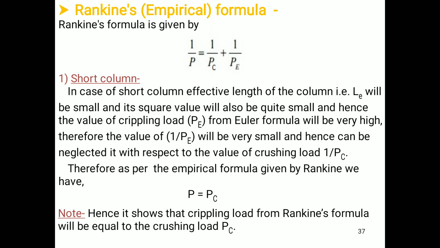Remember this one. As it is small, if we take the square of that effective length, it again becomes quite small. Therefore as the value of the denominator becomes small, the value of crippling load from the Euler's formula will be very high. Therefore as the value of Pe is high, if we take the inverse of it, that is 1 upon Pe, then the value will become small, and hence we can neglect it with respect to the value of the crushing load.